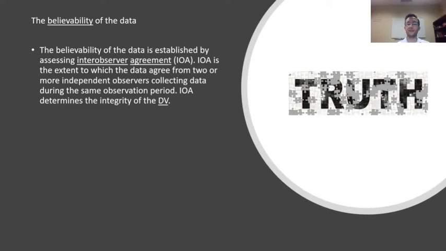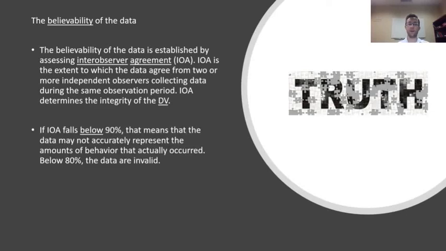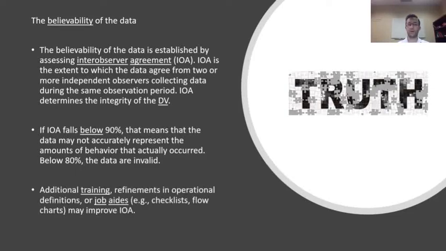IOA determines the integrity of the dependent variable, that aspect of behavior that's being measured in the evaluation of the intervention's effects. If IOA falls below 90%, that means that the data may not accurately represent the amounts of behavior that actually occurred. Below 80%, the data are invalid. Additional training, refinements in operational definitions, or job aids such as checklists and flowcharts may improve IOA.